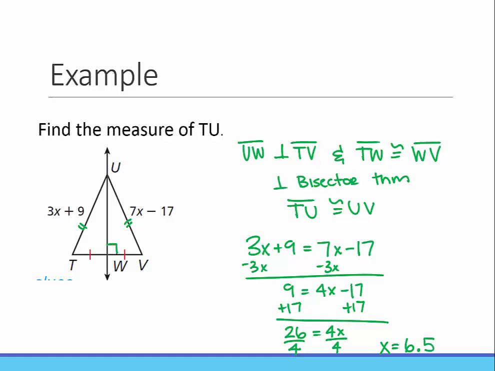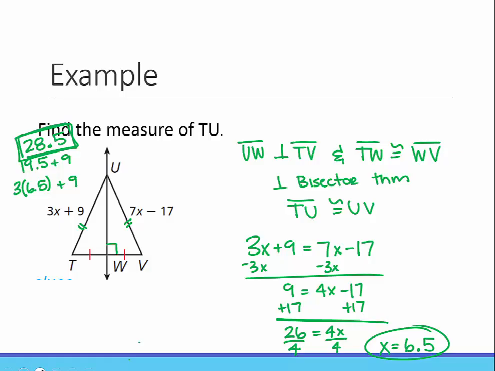So we get 6.5 for x. And then because we're trying to find TU, we got to plug that in. So if we do 3 times 6.5 and then add 9, 3 times 6.5 will give us 18 plus another 1.5, so 19.5. Plus 9 will give us 28.5. So a little bit of algebra mixed in there with our geometry.